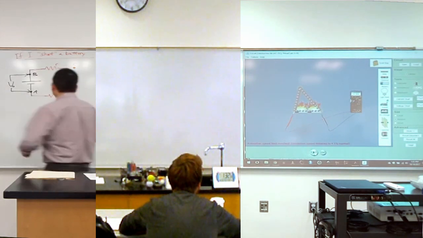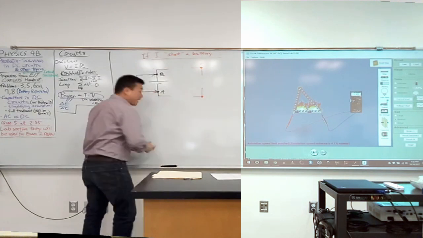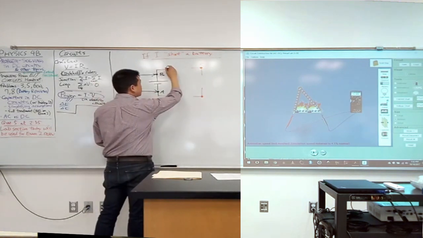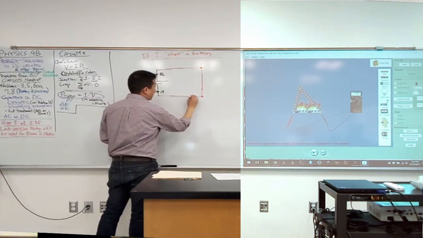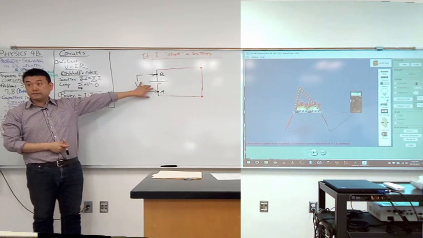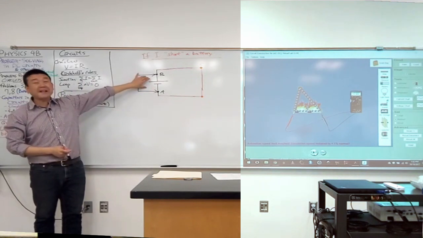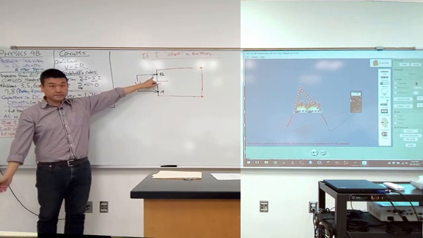So instead of fixing my model of this physical situation by acknowledging that wires have resistance, I want to fix it the other way. I want to acknowledge that my battery may not be perfect. The battery, so this is what we call an ideal battery. An ideal battery will enforce this voltage difference no matter what happens.